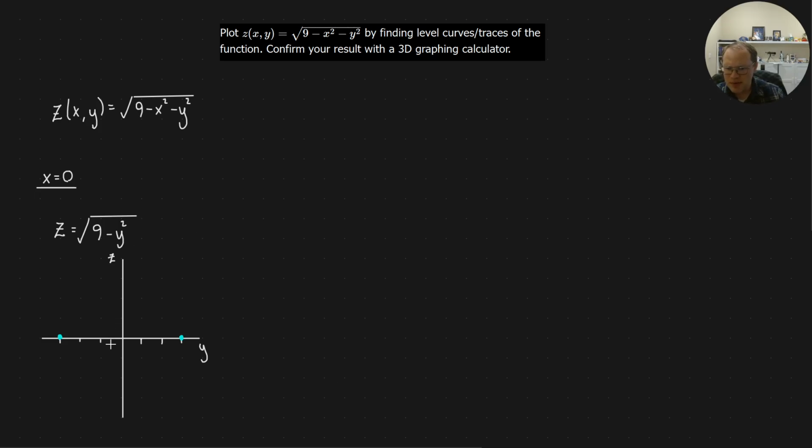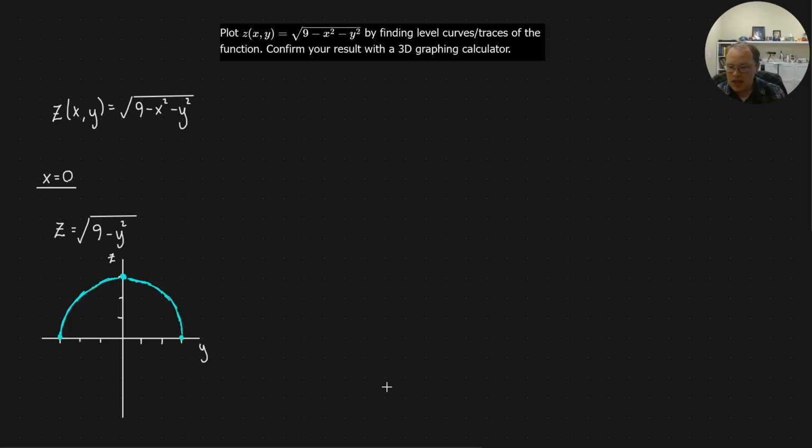I know, for example, if I plug in y equals 0, then I get 3. Okay? And actually, if you plug in enough points, the other points are a little gnarly, but you end up getting a half circle. In this case, the upper half of a circle.